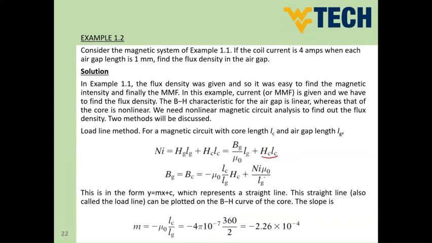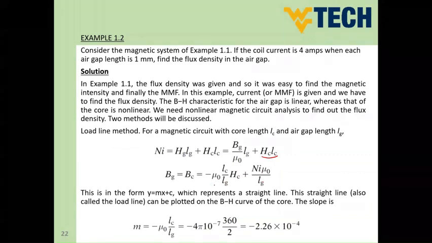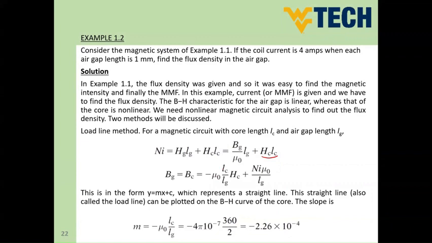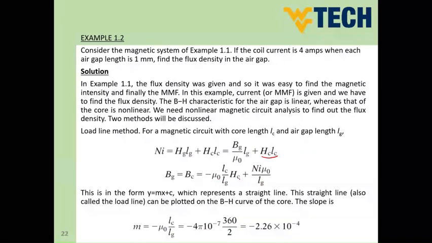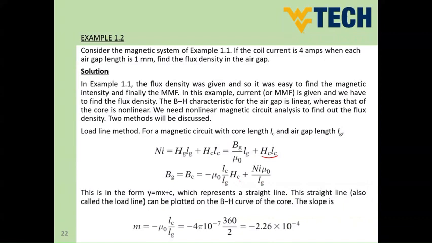Do we know the current? We know the current. Current is 4 amperes. Mu naught is constant. Lg is known, which is 1 millimeter each, so we have 2 millimeters. Mu naught is given, so the L values are there, but we don't have the value of H. So we cannot solve this relation or calculate B numerically.